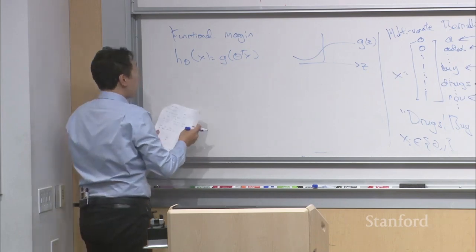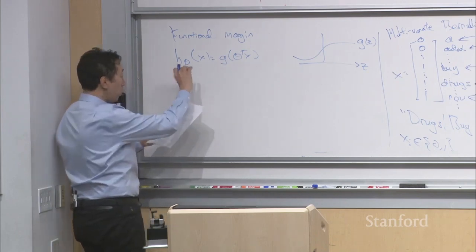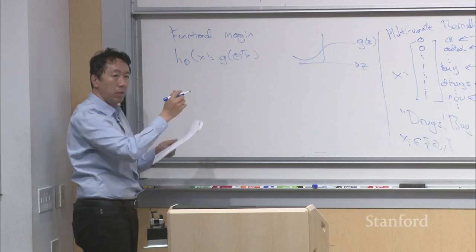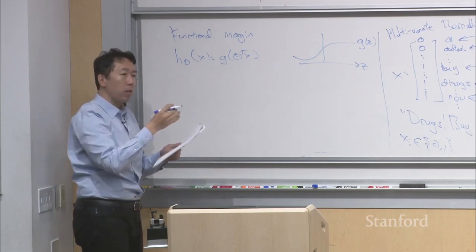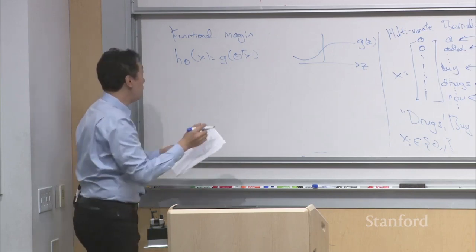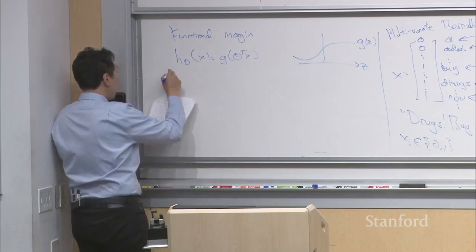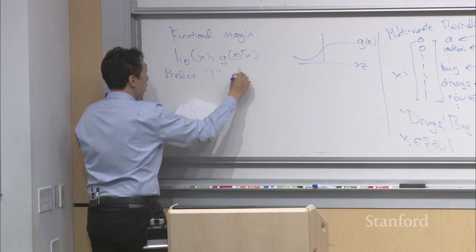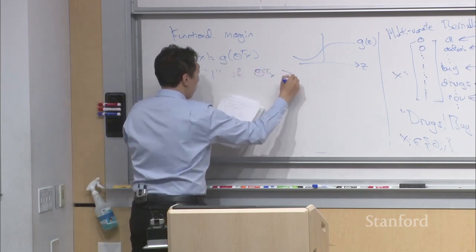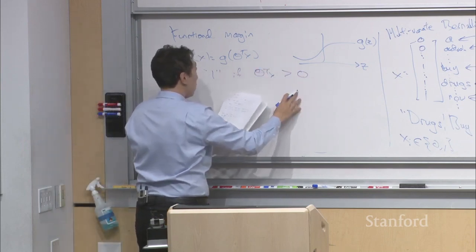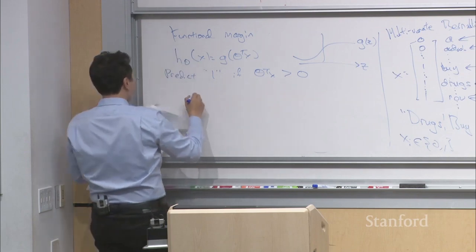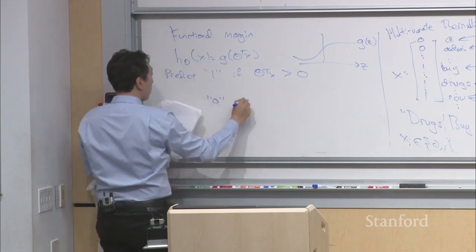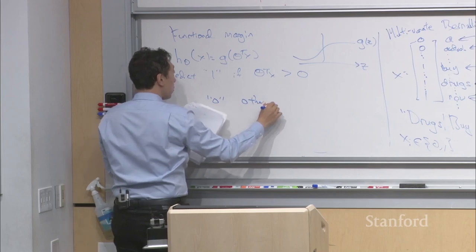If you turn this into a binary classification, if you have this algorithm predict not a probability, but predict 0 or 1, then this classifier will predict 1 if theta transpose x is greater than 0, and predict 0 otherwise.